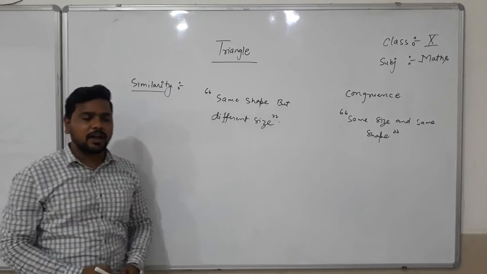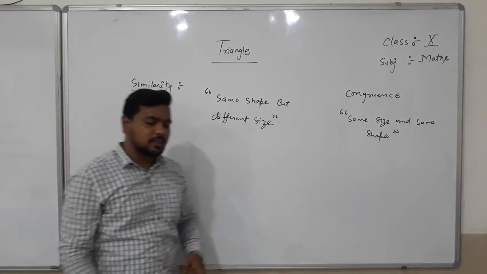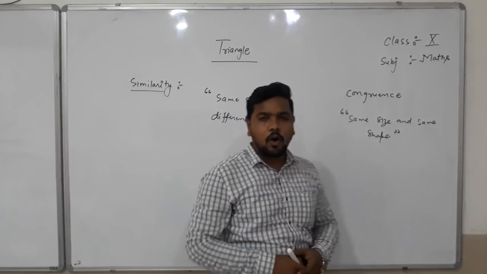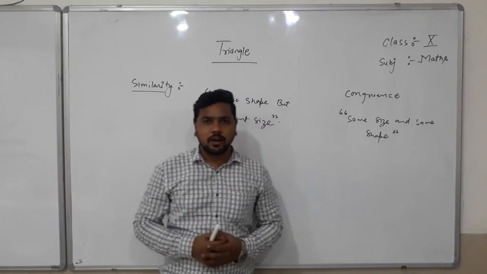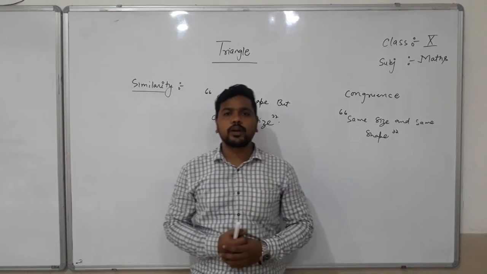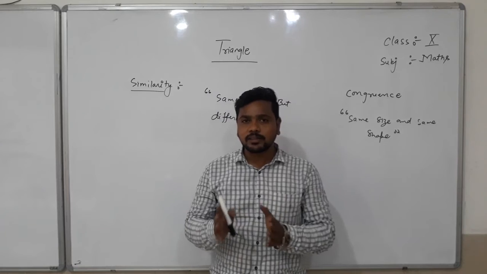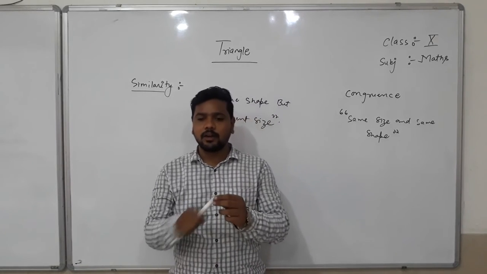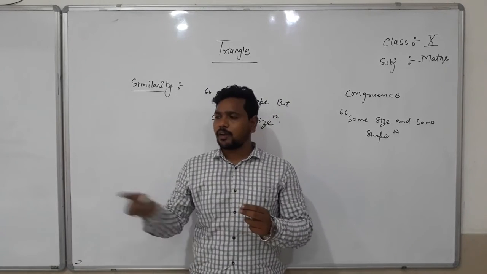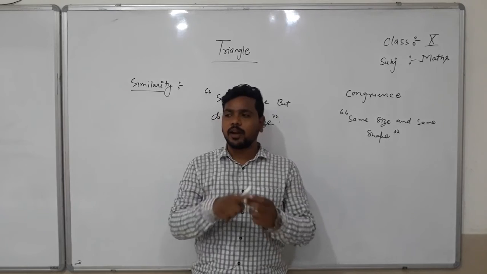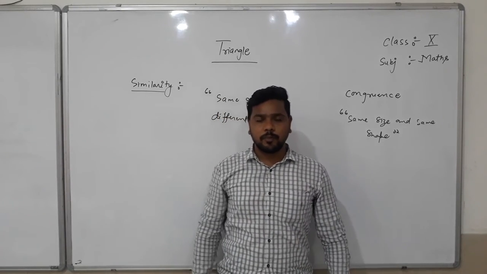One more example: circles. All circles are not congruent to each other, but all circles are similar to each other. We can take a circle of radius 3 cm, then a radius of 5 cm, and then a radius of 15 cm.